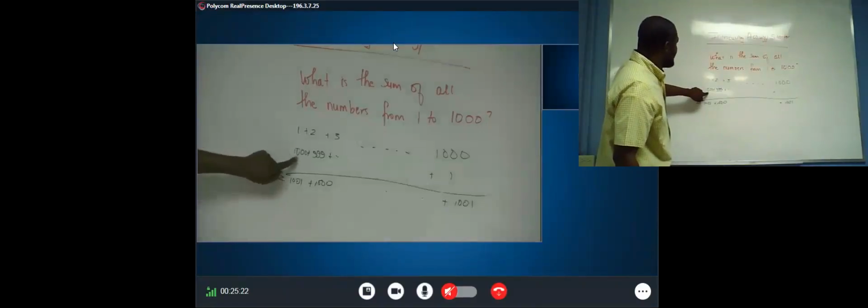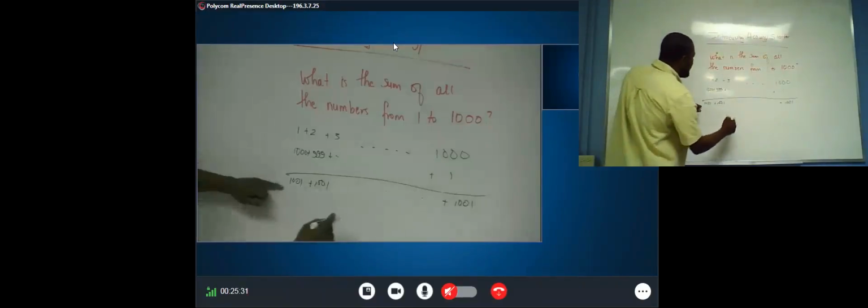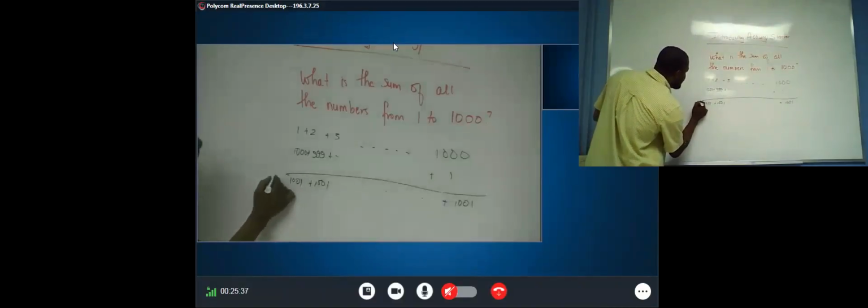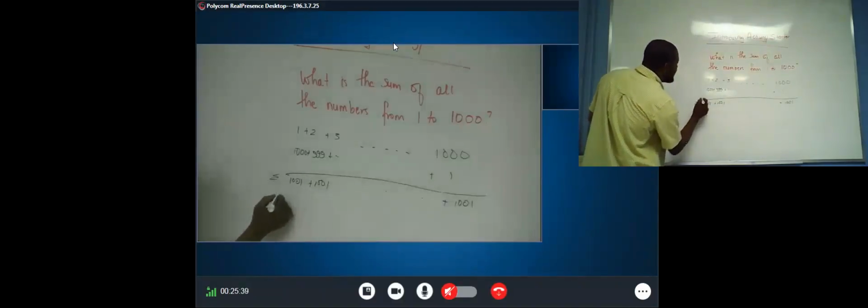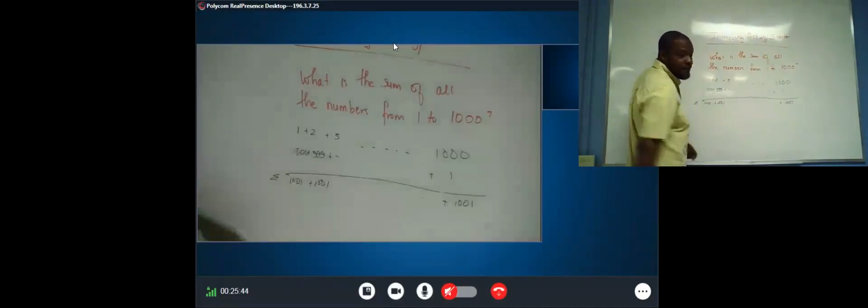Davey, for the second one you wrote 1,000. At the bottom, it's supposed to be 1,001. Right. It's 1,001, 1,000 times. But this sum is equal to twice the sum of 1 to 1,000.